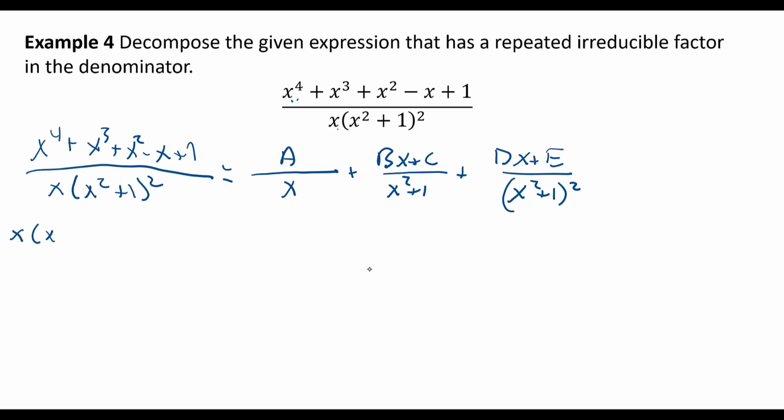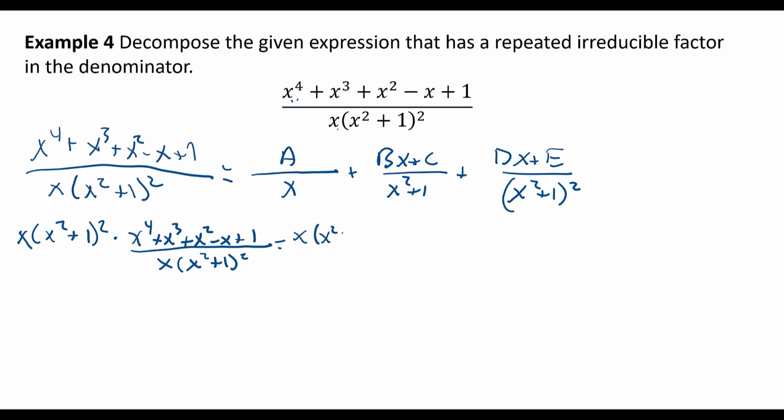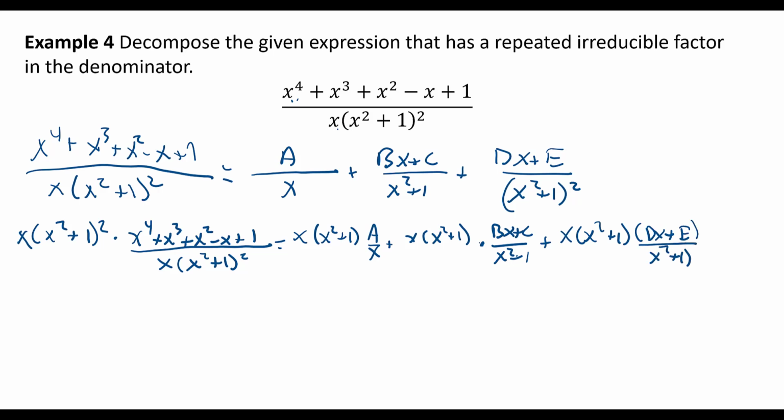So we have x times x squared plus 1 squared times x to the fourth plus x cubed plus x squared minus x plus 1 over x times x squared plus 1 squared equals x times x squared plus 1 squared times a over x, plus x times x squared plus 1 squared times bx plus c over x squared plus 1, plus x times x squared plus 1 squared times dx plus e over x squared plus 1 squared.